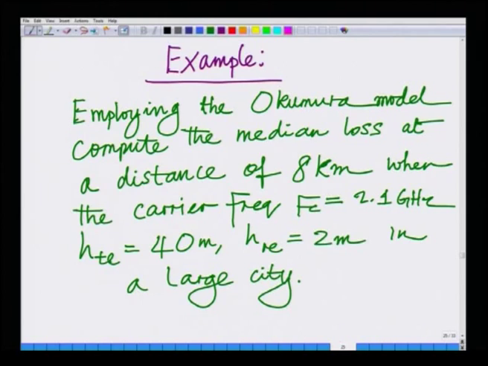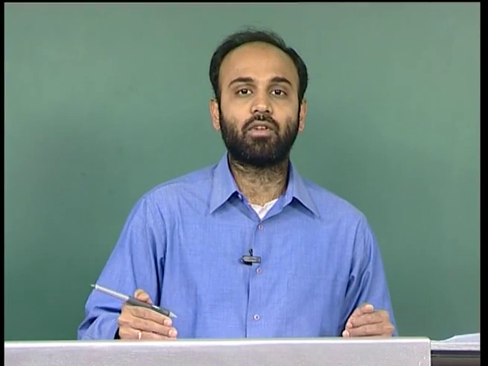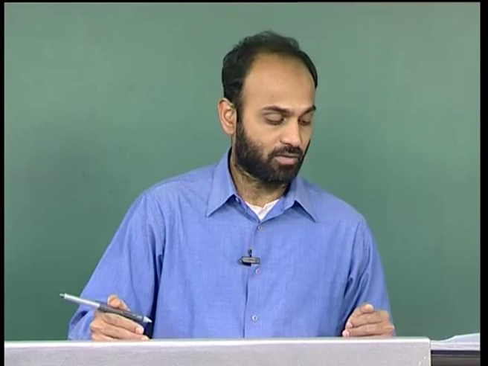We wanted to use the Okumura model to characterize the median path loss at a distance of 8 kilometers when the carrier frequency Fc is 2.1 gigahertz, HTE, the transmit antenna height, is 40 meters, HRE, the receive antenna height, is 2 meters, and we are considering a large city environment. That is, we want to look at this example in a large city environment to essentially consider what is the received signal strength as a function of the distance.